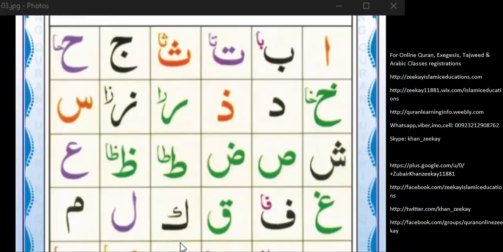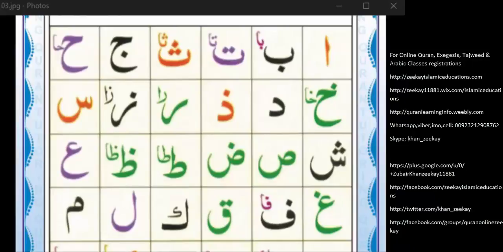Next letter is letter Lam. The letter Lam is pronounced by touching the tongue tip to the upper palate. The origin of letters Lam, Noon, and Ra is almost the same.